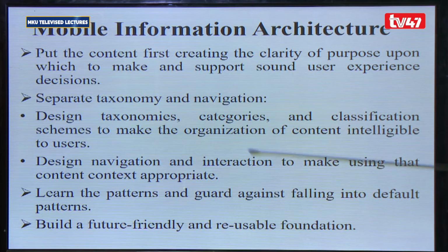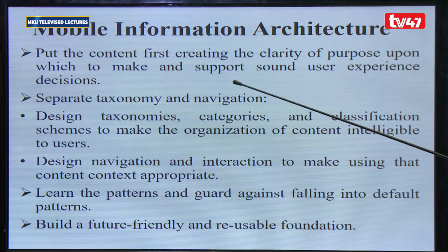The first point to consider is that you have to put the content first and create clarity of purpose once a user tells you about an application. Secondly, you have to separate the taxonomy and the navigation. Remember, the taxonomy and the navigation. How do you go about accessing the information?